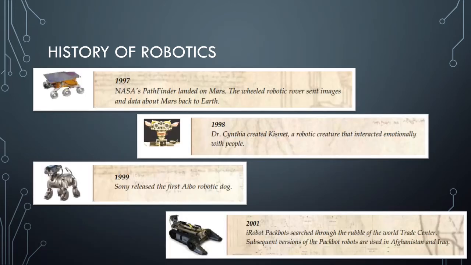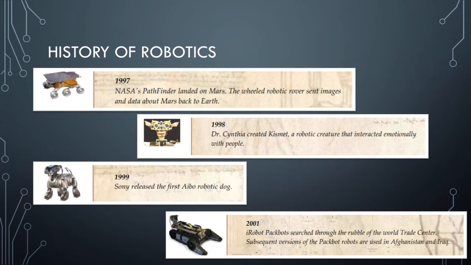Wrapping up the history here, in 1997, NASA's Pathfinder landed on Mars. So again, robotics is highly involved in space travel and exploration. In 1998, some of you may remember this, Kismet was created. This was a robotic creature that could interact emotionally with people, or at least replicate emotional interaction.